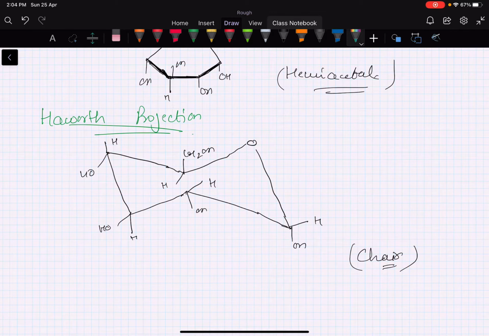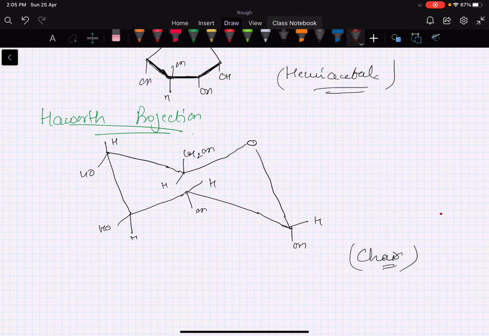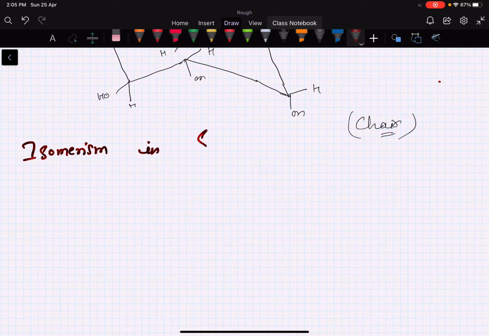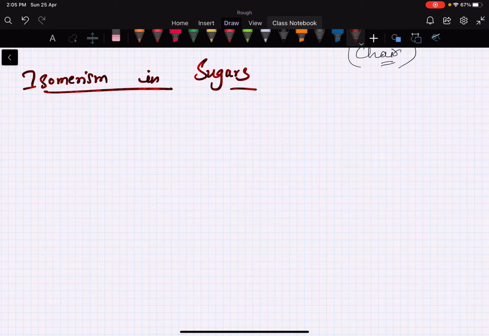Now we'll talk about the isomerism of carbohydrates, isomerism in sugars, more specifically in glucose.